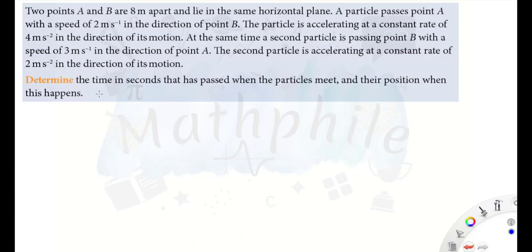At the same time, a second particle is passing point B with a speed of 3 meters per second in the direction of point A. The second particle is accelerating at a constant rate of 2 meters per second squared in the direction of its motion. Determine the time in seconds that has passed when the particles meet and the position at which this happens.